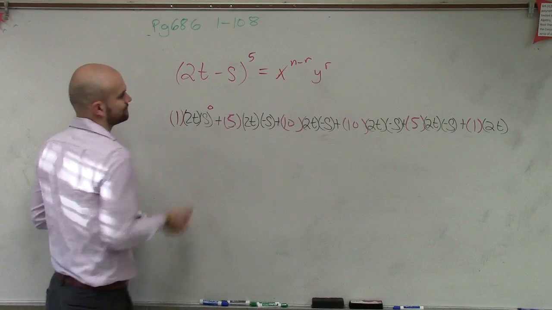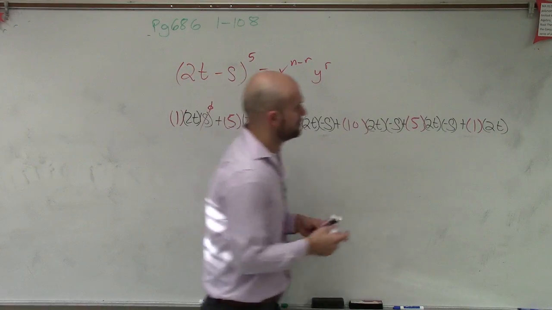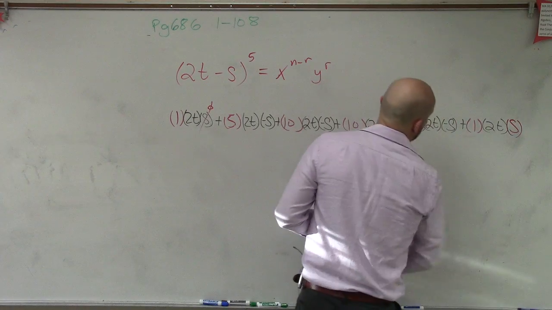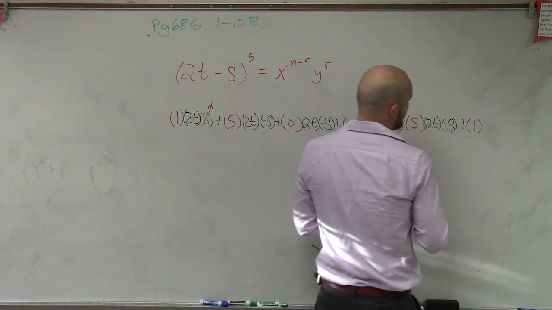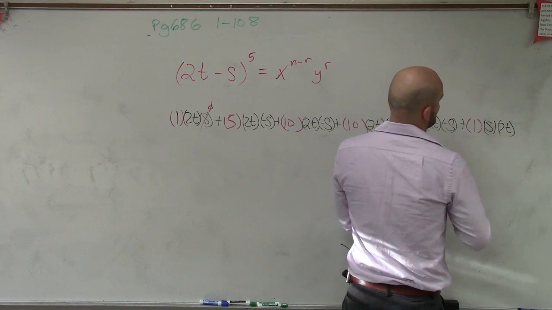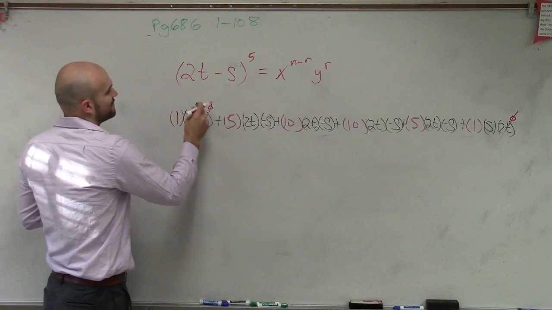Same thing, we know it's going to be s, but we don't need to write the 2t because that's going to be to the 0 power. But anyways, we start with 5.